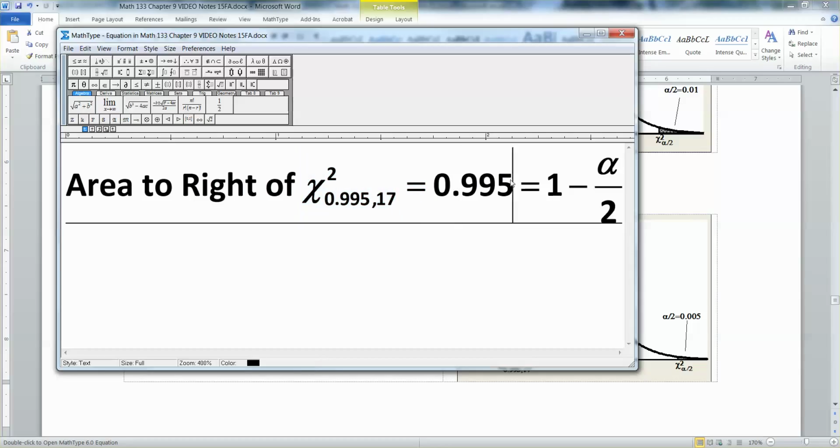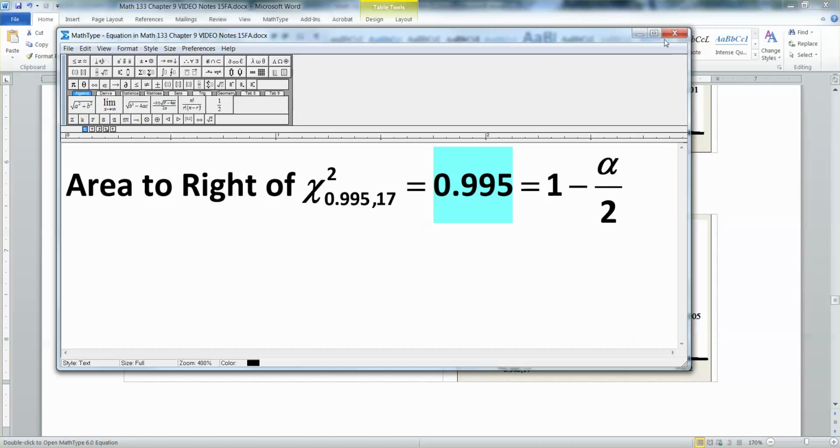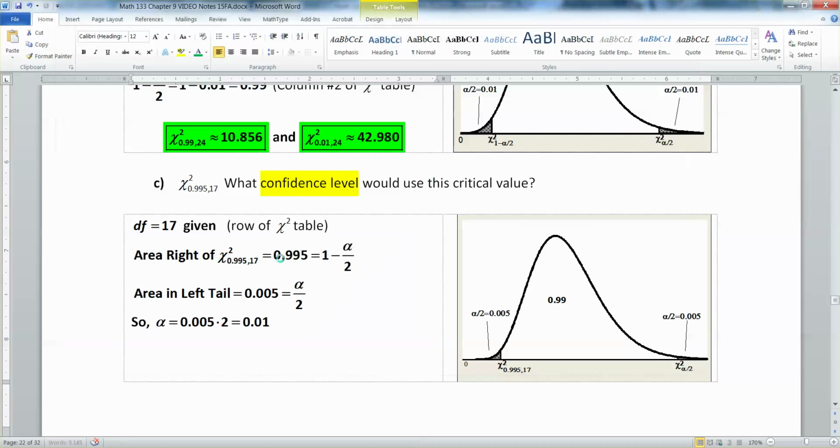It's by definition 0.995, but that's also by definition 1 minus alpha over 2. And that means that alpha over 2 has got to be 0.005, the remainder, because they're complements of each other, right? If you look at that line at 0.995, chi-square 0.995, you have 99.5% to the right, 0.005 to the left, or 0.5%.